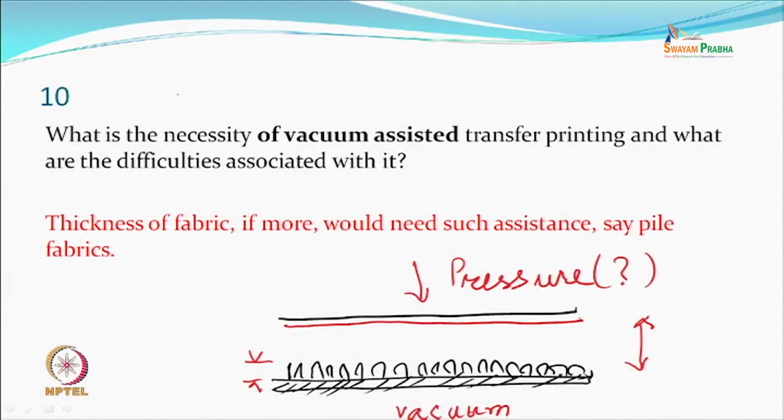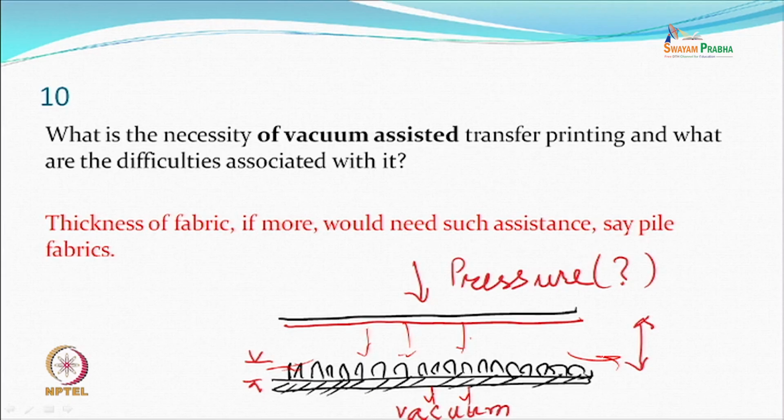So, you have a pile structure, you apply vacuum on this side. So, you expect the direction of all the things to be in this direction more. So, otherwise some of them, because of space, may like to go out as well, and you can't put so much of a pressure on a pile structure.